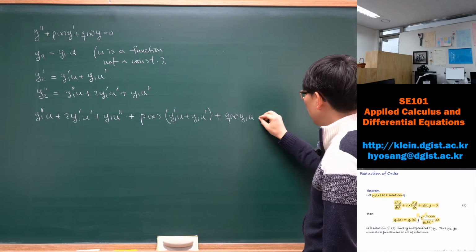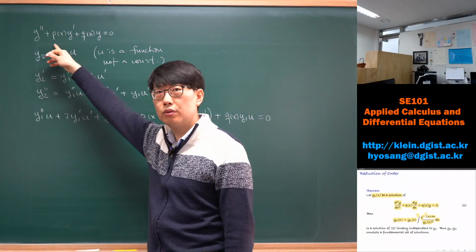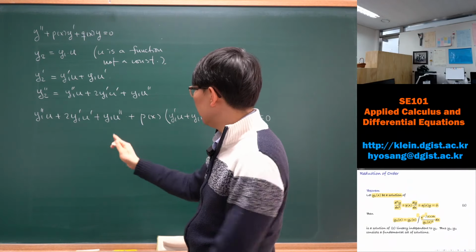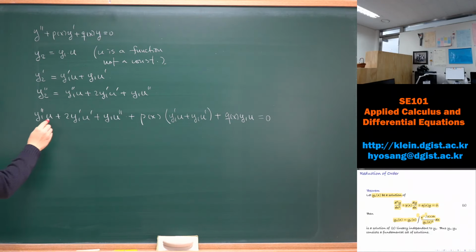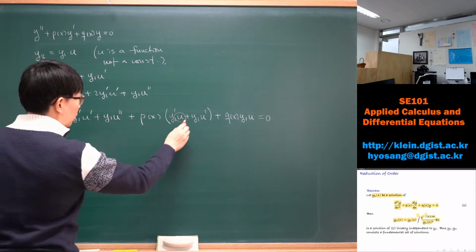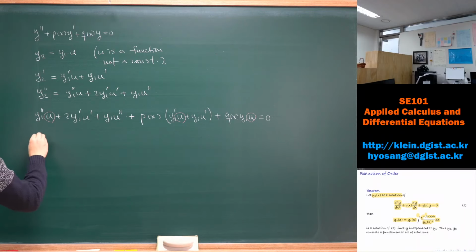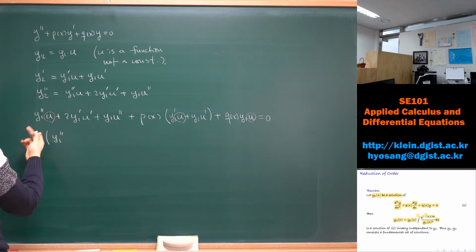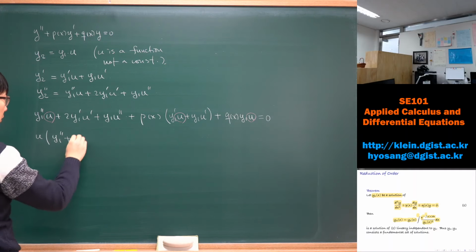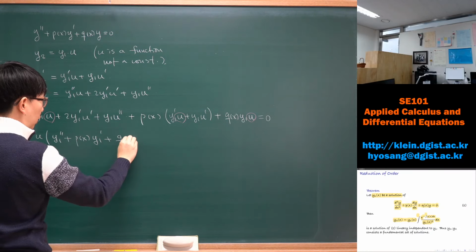I want this to equal 0 because that's the assumption that y2 is a solution to this differential equation. Let's combine some terms here. You have the terms which contain u, not u' or u''. If you combine them and put all the other terms together, you have (y1'' + p(x)y1' + q(x)y1)u.